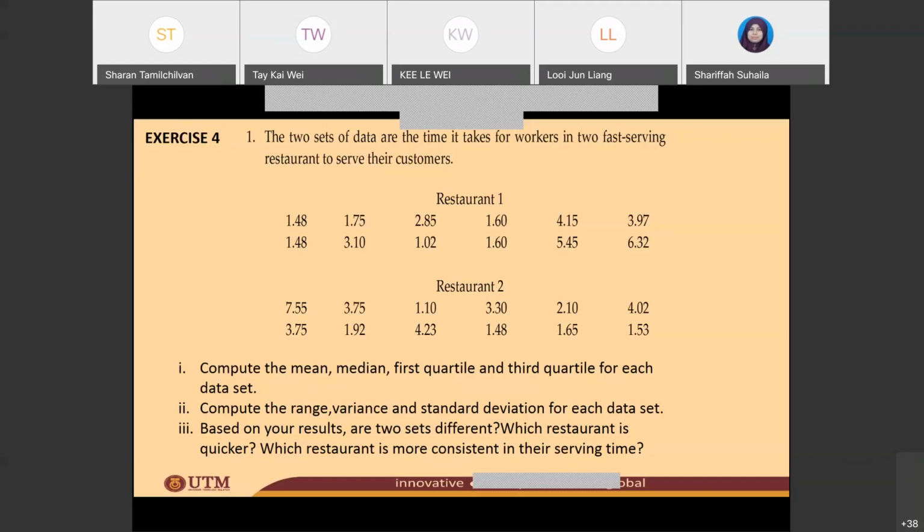Let's just compute restaurant one first. If you want, you can screenshot the question. Find the mean, median, first quartile, and third quartile for each data set. Again, just arrange the data set first. Okay, try to do it on your own. Later we will check the answers.